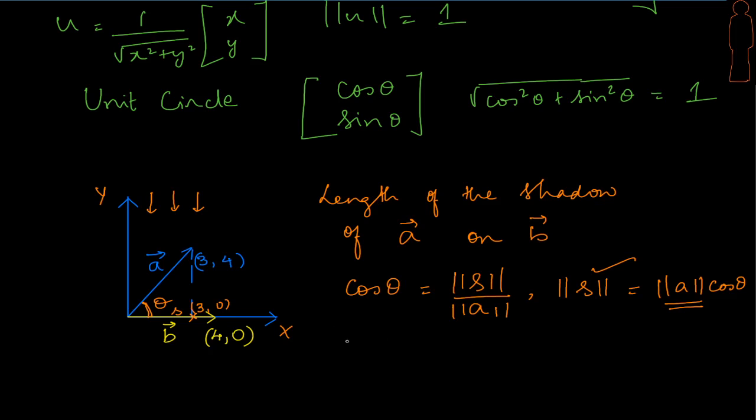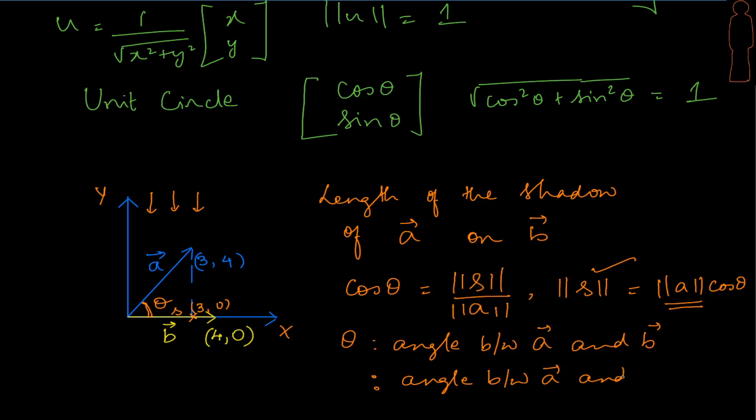If theta is the angle between A and B vector, what will be the angle between A vector and the unit vector in the direction of B vector?